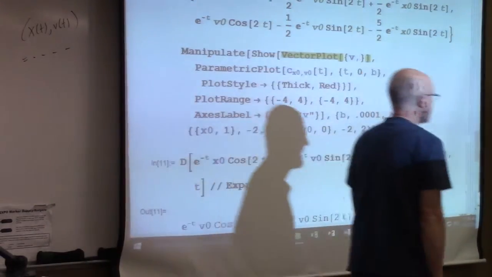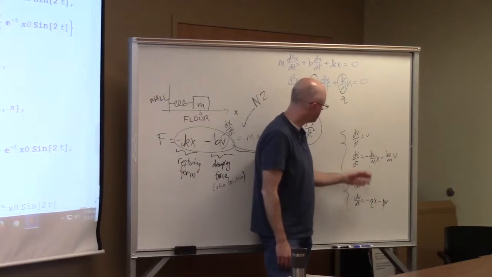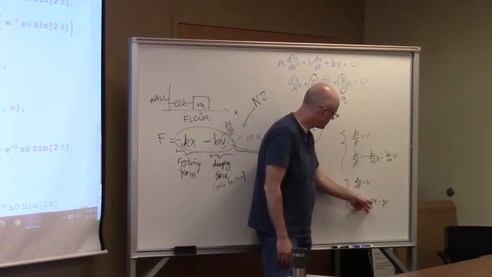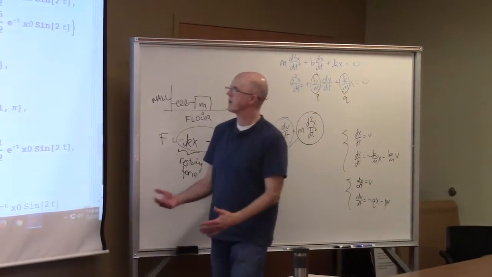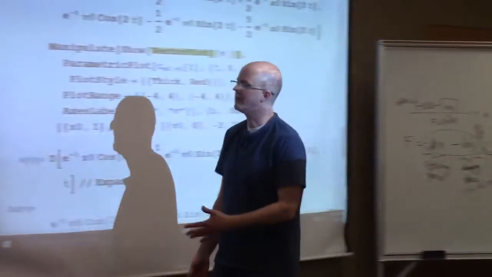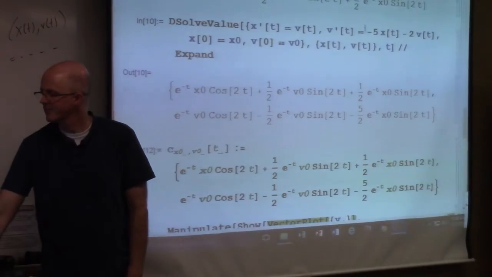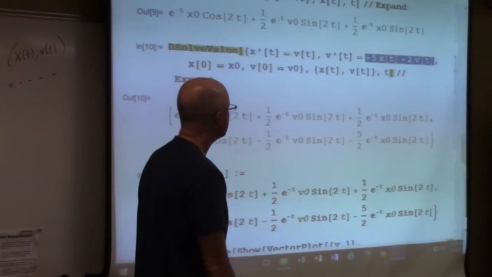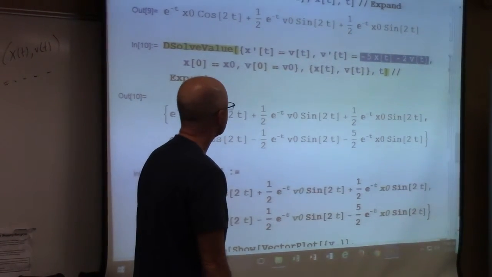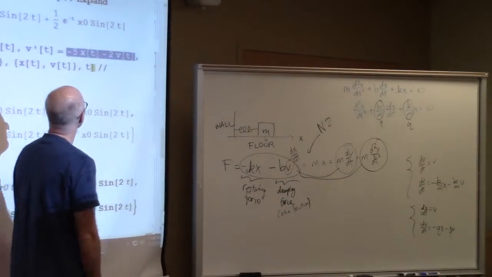The right-hand side of the second equation, looking here or there, is negative qx minus pv. Where again, for our example, what's q and what's p? Back up there. Negative 5 is the q, negative 2 is the p.